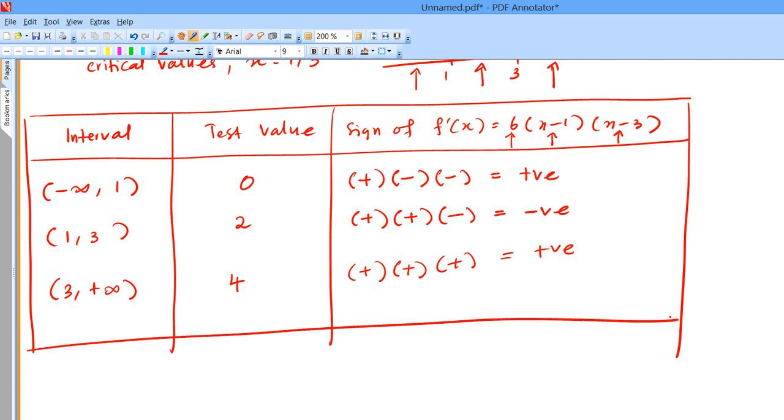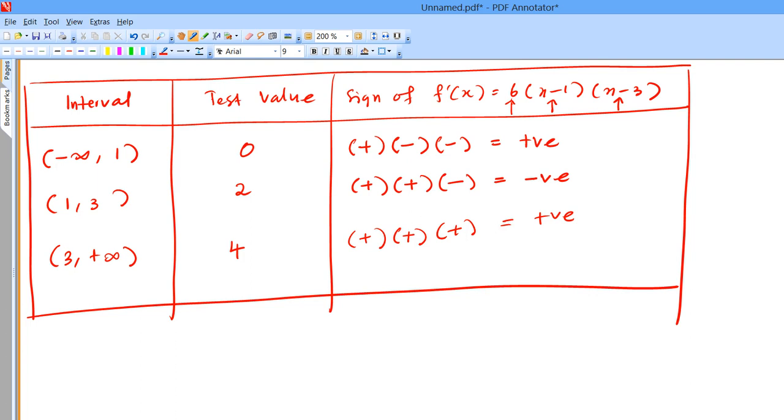Okay, next we can make a conclusion for increasing and decreasing. Increasing function means the sign of f prime x is positive. So we have 2 positive signs, meaning we have 2 intervals that are increasing, and then we have one negative sign, meaning we have one interval where f(x) is decreasing.